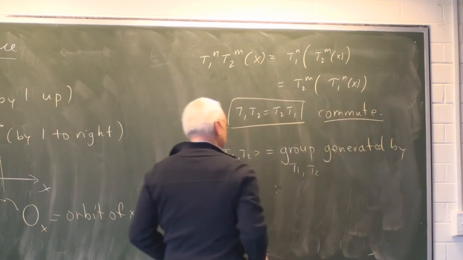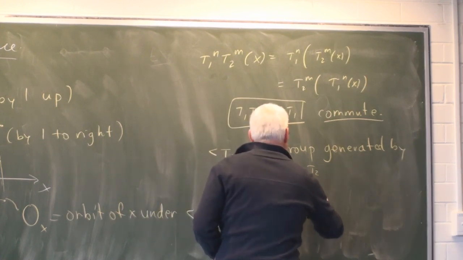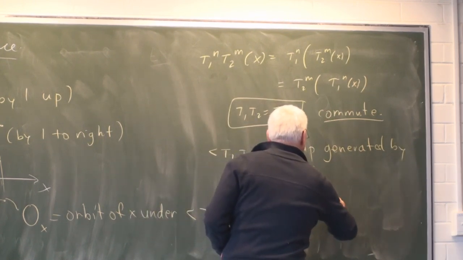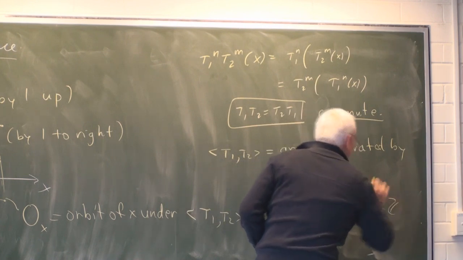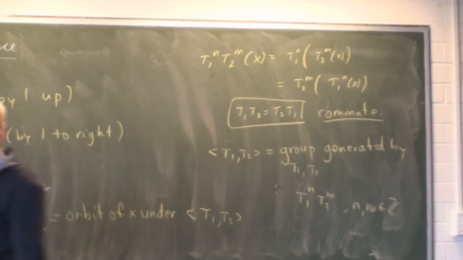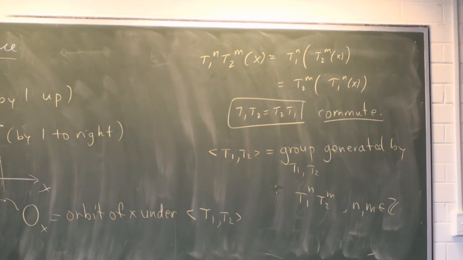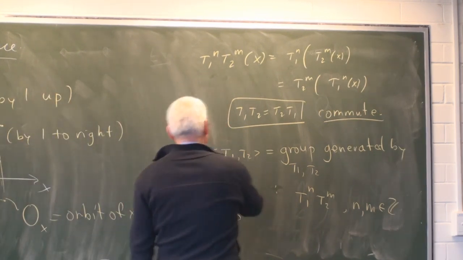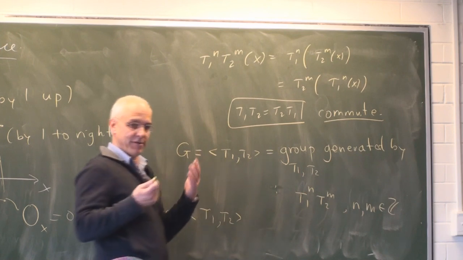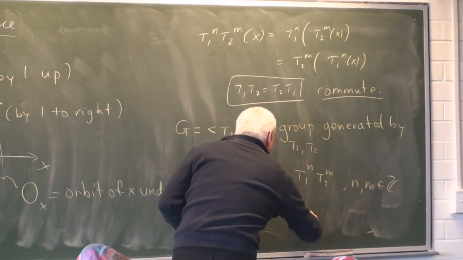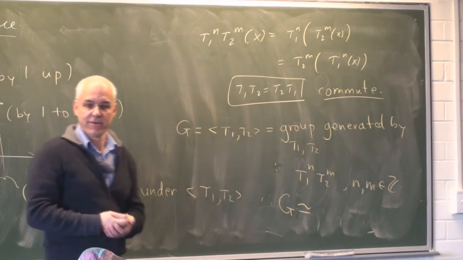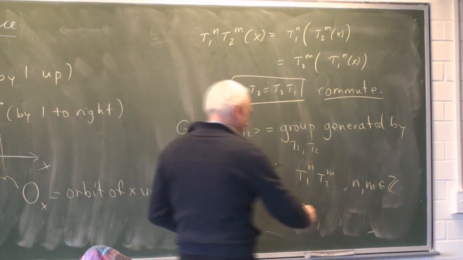We can think of this as being things of the form tau 1 to the n times tau 2 to the m, where n and m range through Z. So in terms of group theory, if we call this group, say, G for group, then we would say that G is isomorphic as a group to Z cross Z.